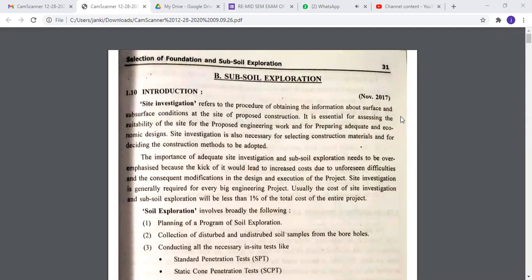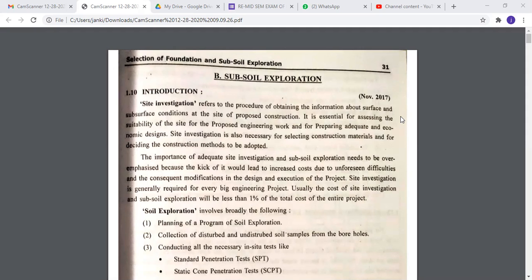The importance of adequate site investigation and subsoil exploration needs to be emphasized, because otherwise it can lead to increased cost due to unforeseen difficulties and consequent modification in the design and execution of the project, right?